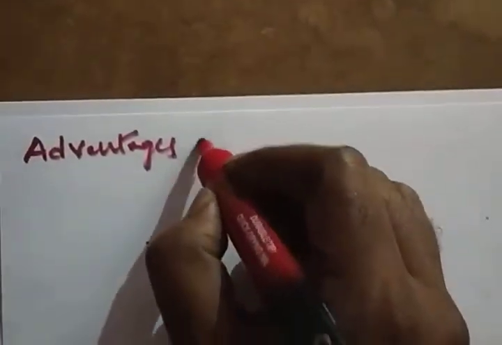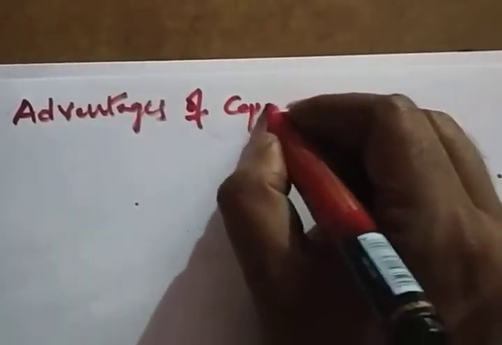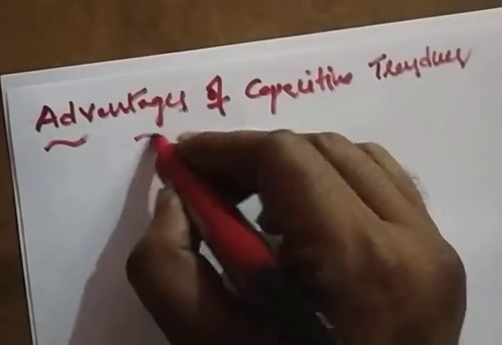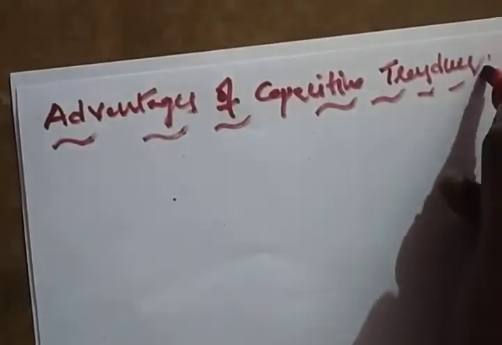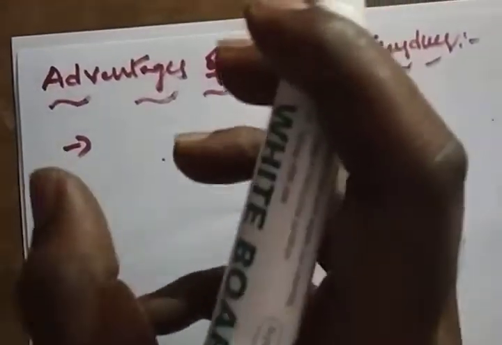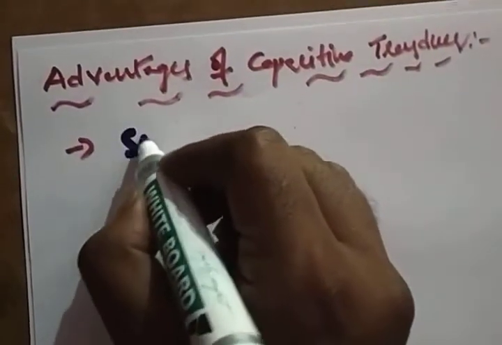Now, very important concepts. Capacitive transducers are very important. Advantages of the capacitive transducer. Just now I explained it is used for minute change in the displacement, the smallest change in the displacement.